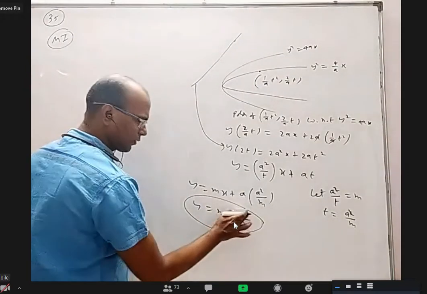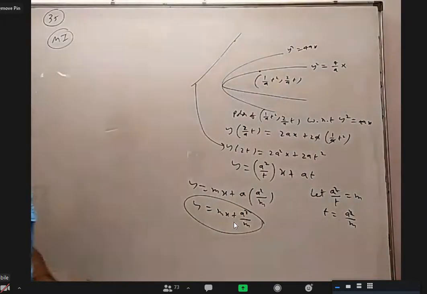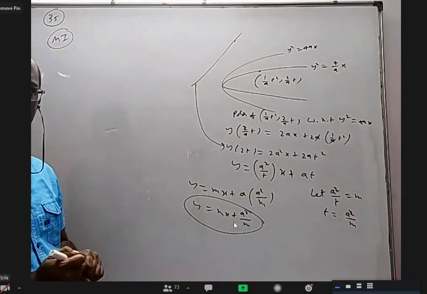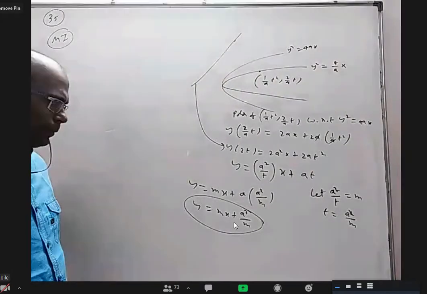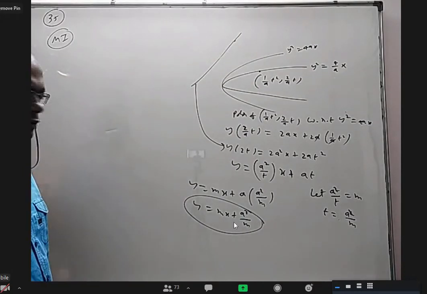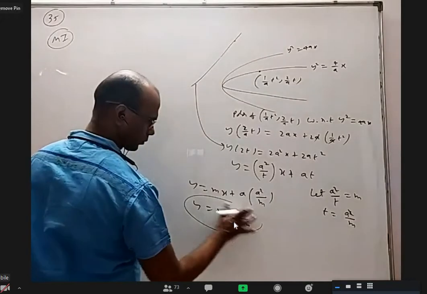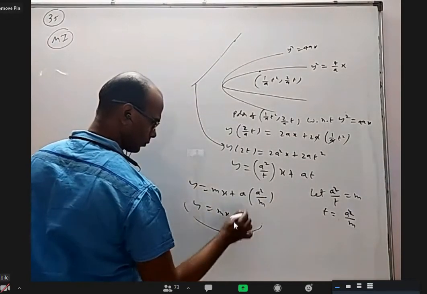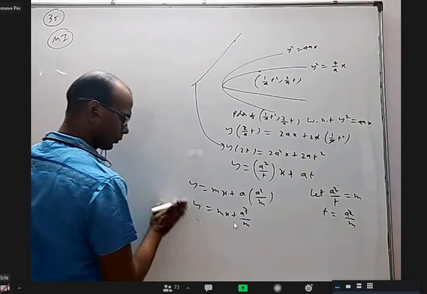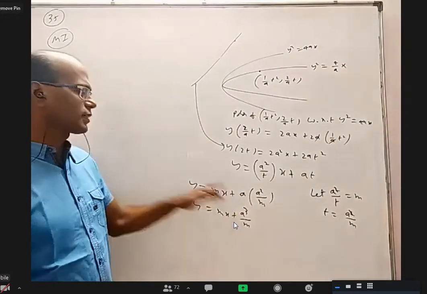Would you like to tell me from this? This is always tangent to which kind of curve? What is the equation of that curve? 4a square x. Why a square? A cube x, sir. Yeah, it looks like y equal to mx plus a by m, where a is replaced with this.